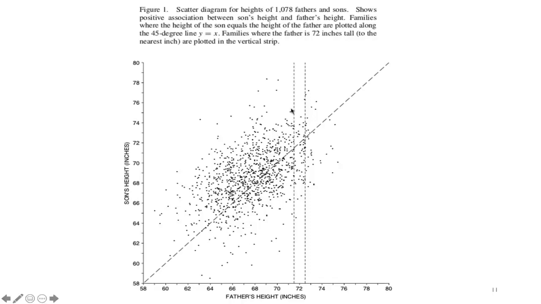If I pick a dot on this graph, at the point x comma y, the x coordinate tells you the father's height, and the y coordinate tells you the son's height. So every dot is a father-son pair that tells you their respective heights.